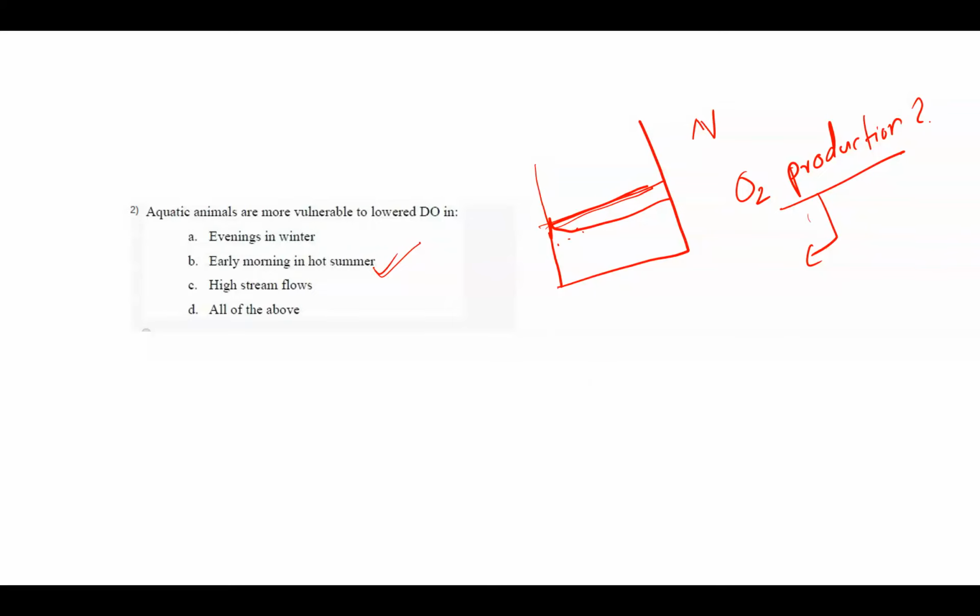Okay, so that is like here. At night we know that we are not getting sunlight, so oxygen production is less. So early morning, the intensity of sunlight is less.